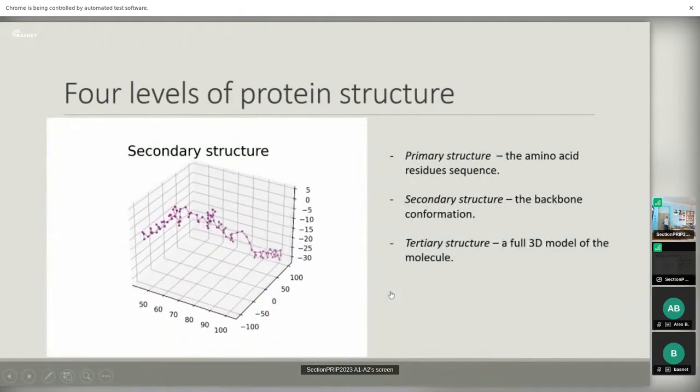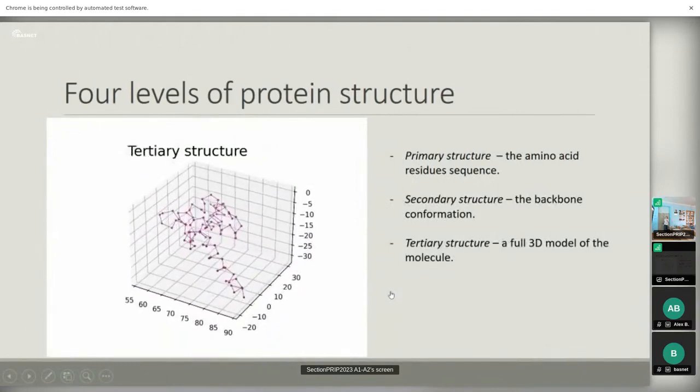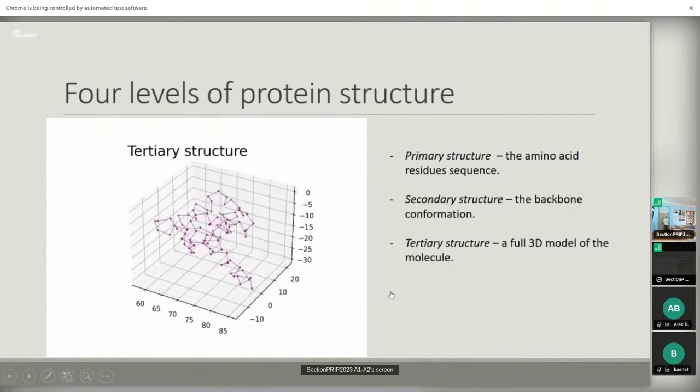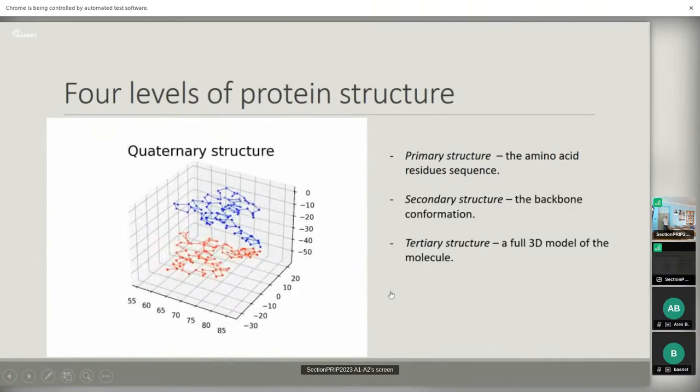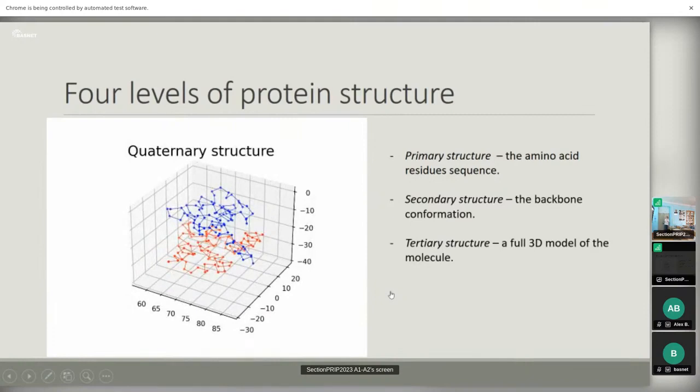The first level of structure is the sequence of amino acid residues from which the protein is built. Secondary structure is the backbone formation, like helices, beta sheets, etc. Tertiary structure is the full 3D model of a single molecule, and quaternary structure is a full 3D model of a protein complex.